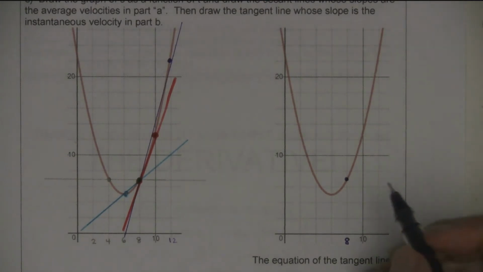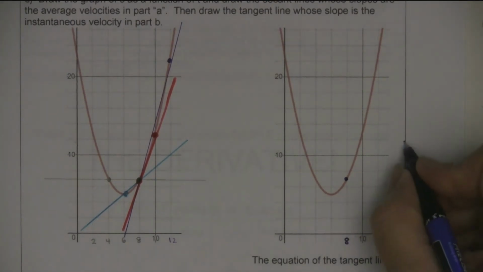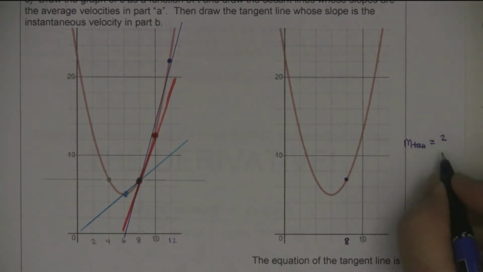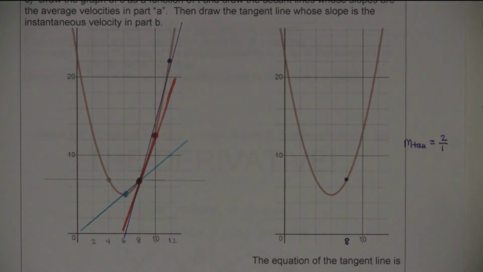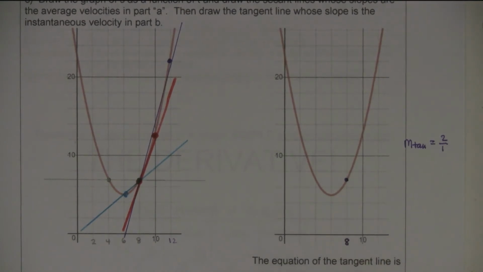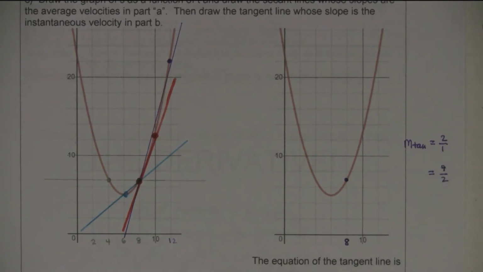It has a slope of 2. Remember, the slope of the tangent line was 2 over 1. That means if I go over 1, I ought to go up 2 to get another point on the curve. Unfortunately, my grid marks are by 2, so I'm going to change this by multiplying top and bottom by 2 into 4 over 2 as my slope. It still has a slope of 2.